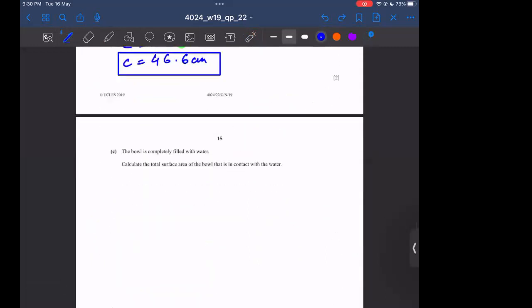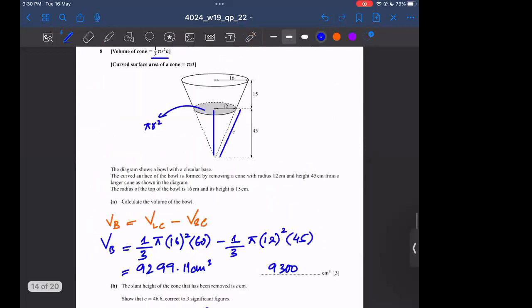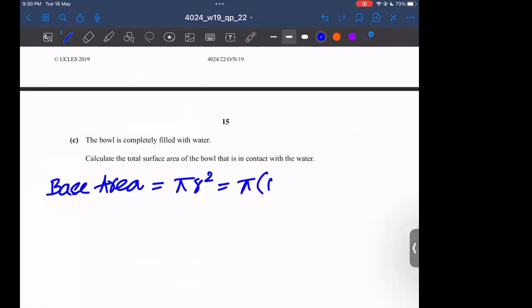So we have got the base area. Base area is pi r square, 12 square into pi, that is 144 pi, 452.38 centimeter square.